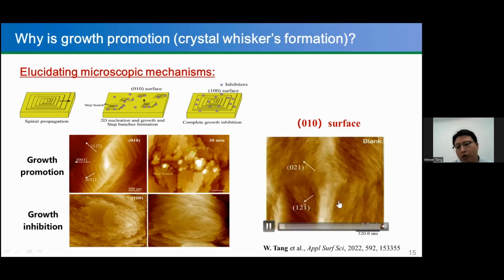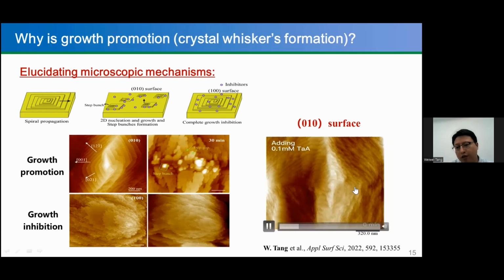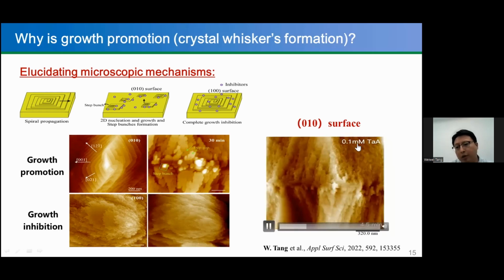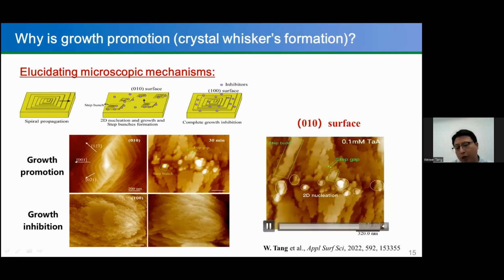They show the spiral growth on this 010 surface, and once the inhibitor was introduced, the surface became the 2D nucleation and growth mechanism, where you can see the formation of these stable bunches. These stable bunches will further evolve into the microscopic crystal whiskers.